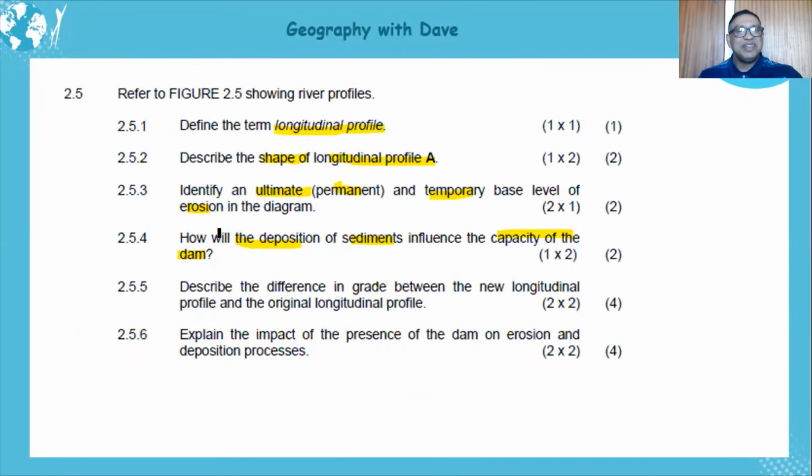All right, let's look at the next question. Describe the difference between the new longitudinal profile and the original longitudinal profile. You saw graded, ungraded, etc. You've seen it down here.